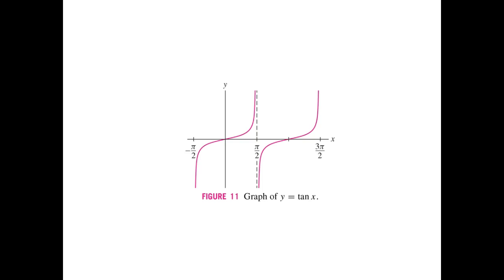And guess what? If sine is divided by cosine, cosine can never be 0. Where is cosine 0? At your half pies. Pi halves, 3 halves pi, 5 halves pi, 7 halves pi, 9 halves pi, or negative pi halves, negative 3 halves pi, negative. Can never be any of those, so you have an infinite discontinuity at those vertical asymptotes where cosine is equal to 0.